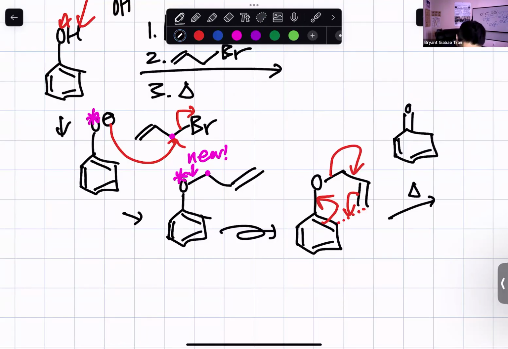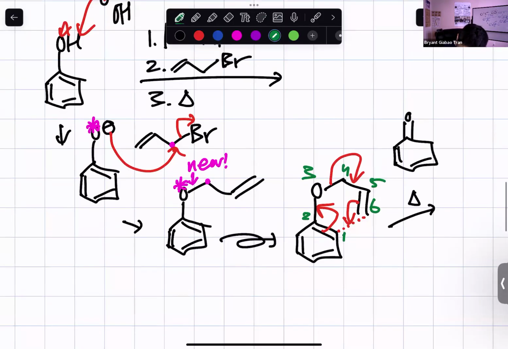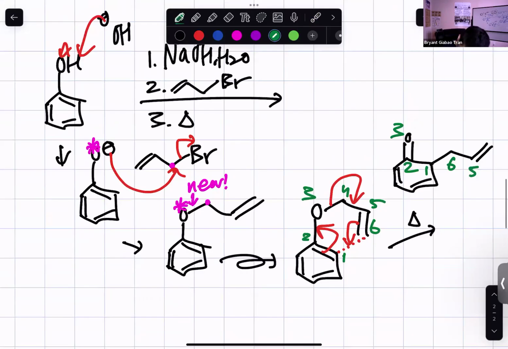If you want to keep track of everything, you can number this 1, 2, and oxygen would be 3, 4, 5, 6. There's no more bond between 3 and 4 because we broke that bond. There's now a new bond between 1 and 6 because we made that bond. 6 and 5 would be a single bond, and then this could be the bond between 4 and 5.